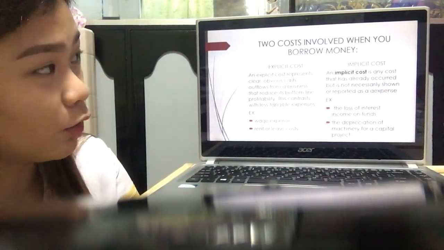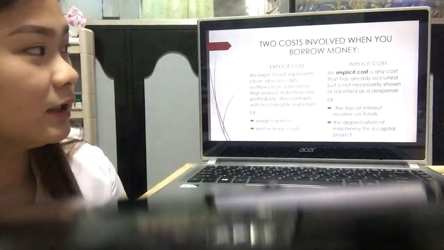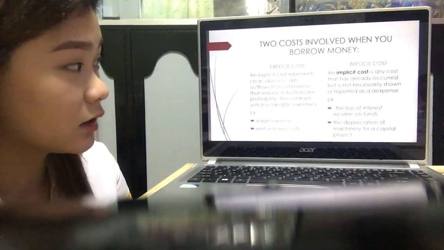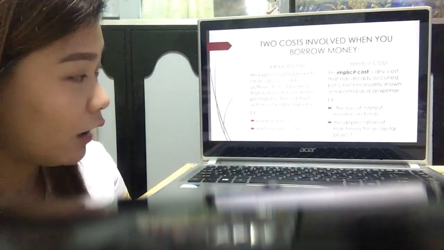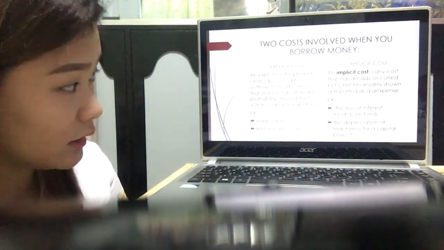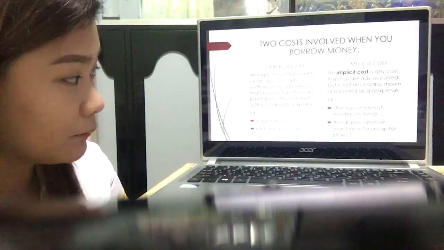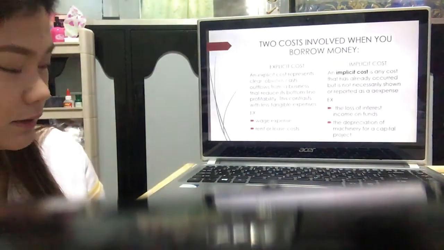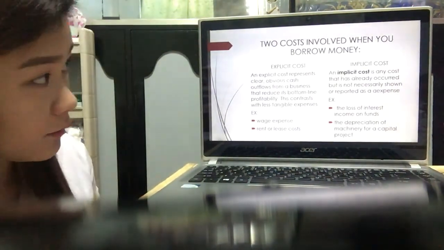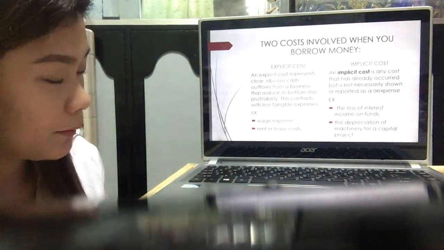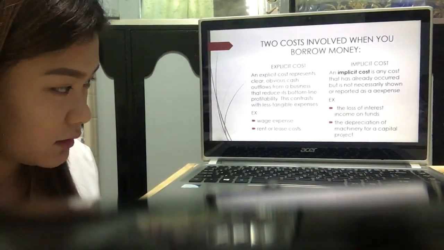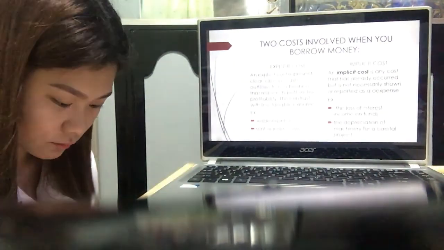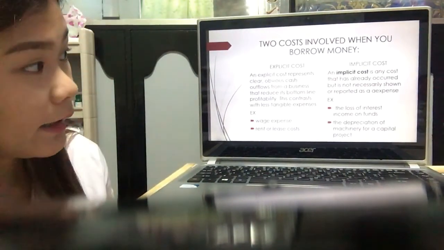Two costs involved when you borrow money. First, the explicit cost. An explicit cost represents clear, obvious cash outflows from a business that reduce its bottom line profitability. This contrasts with less tangible expenses. Example of this is wage expense or rent and lease cost. Implicit cost.